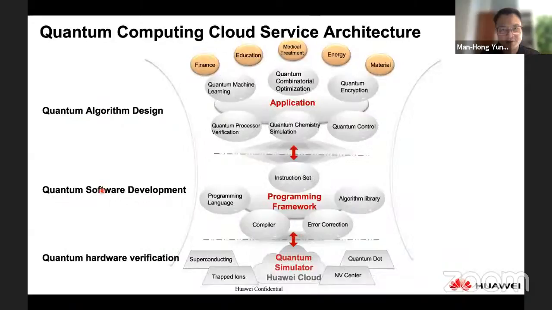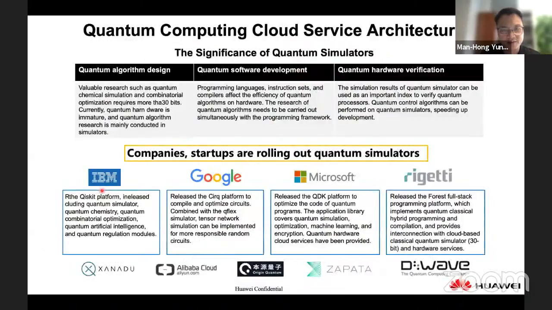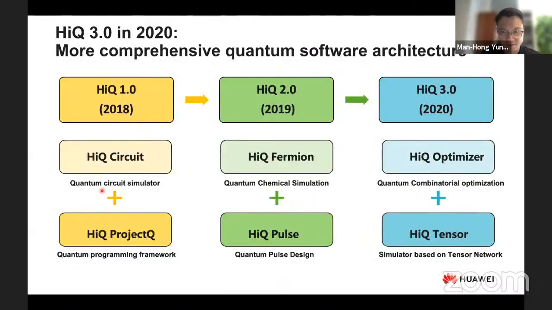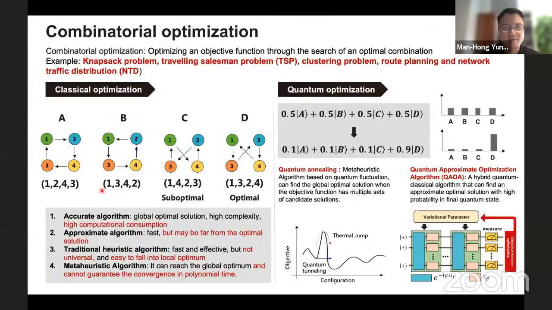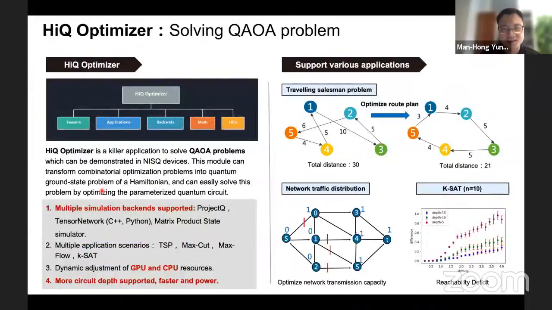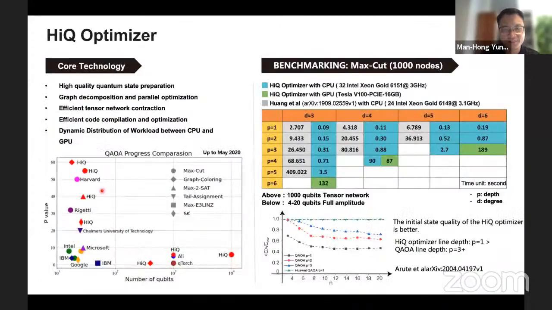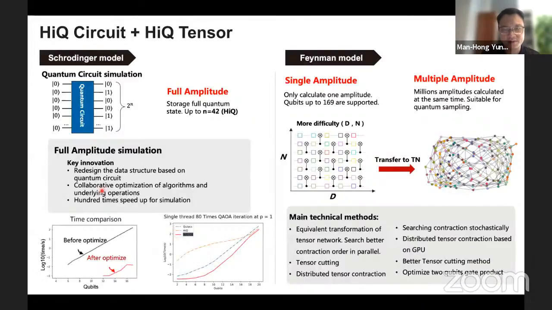With that, I have actually done many things at Huawei. We are upgrading our hardware system and software system. We call it HiQ, and it's now version 3.0, capable of doing lots of interesting things. Maybe I talked too much in the beginning, so I didn't have time to tell you much about the features of our system.